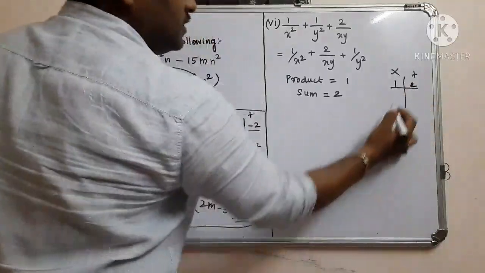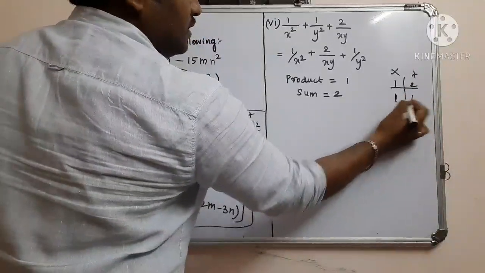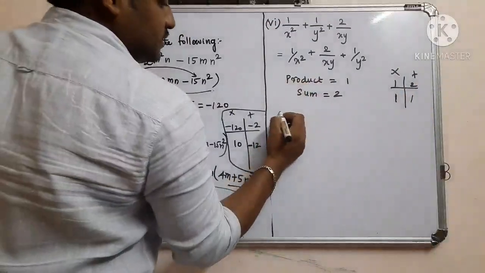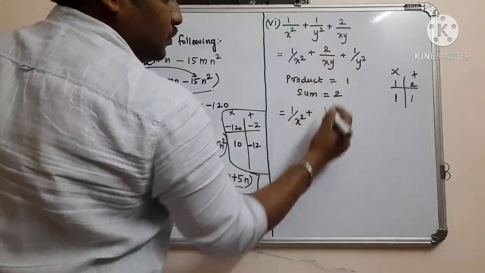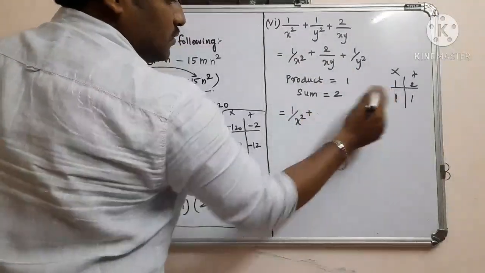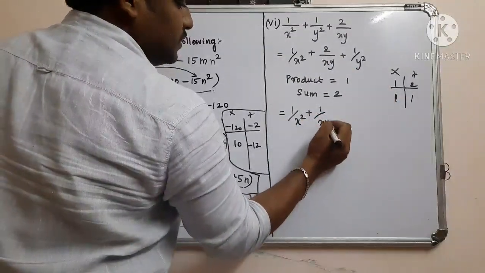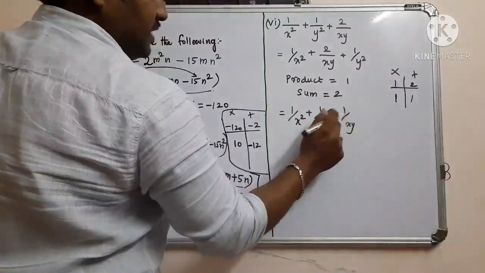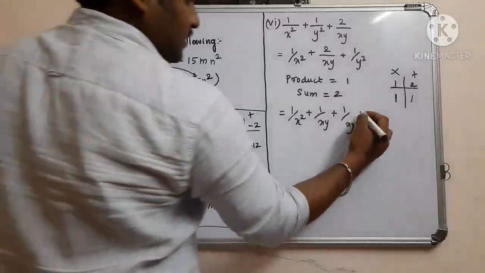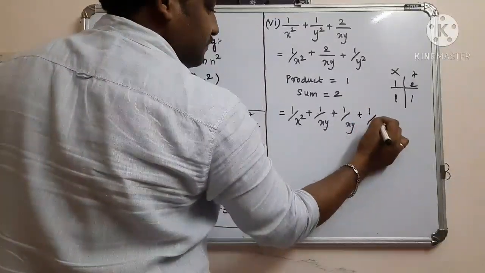the values. 1 ones are 1, 1 plus 1, 2. Now we can write the polynomial 1 by x square plus 2 by xy as 1 by xy plus 1 by xy. So 1 by xy plus 1 by xy is equal to 2 by xy, plus 1 by y square.